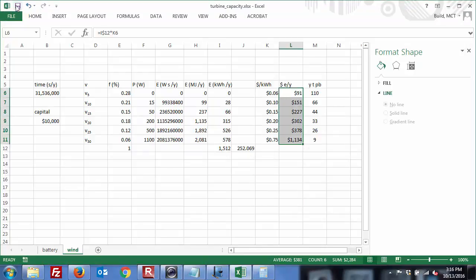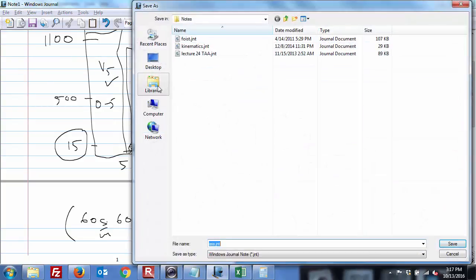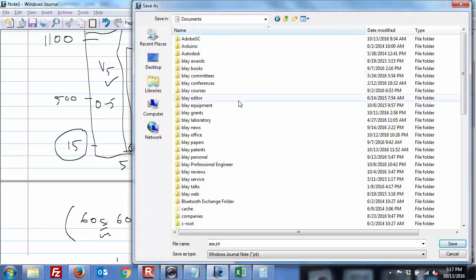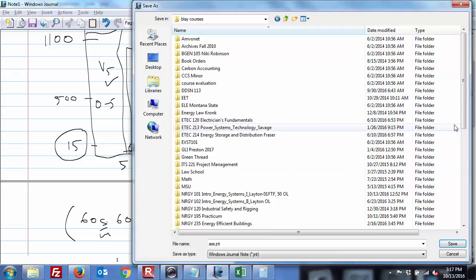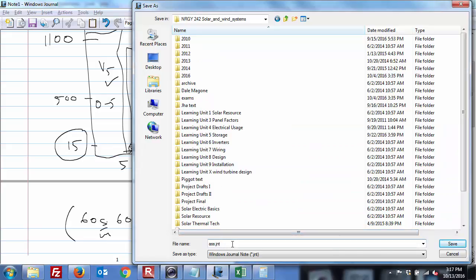All right, well, I will save this. Save this. Battery and wind.